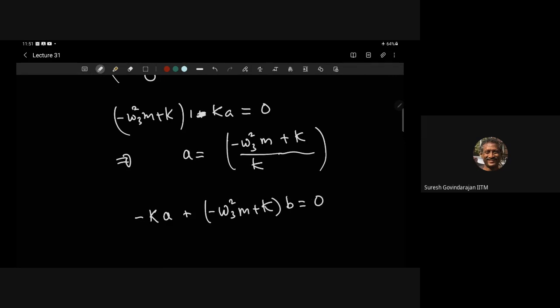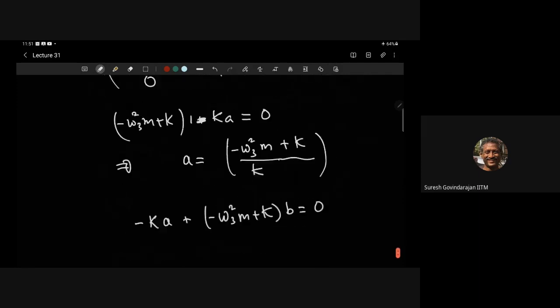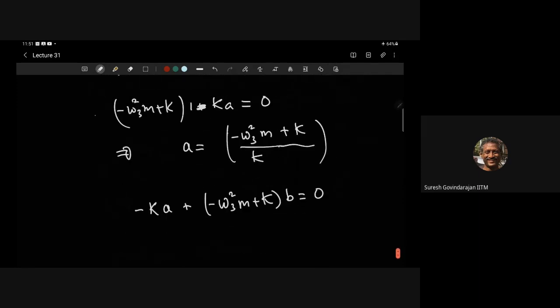Okay, that's what we get, right? Third row.